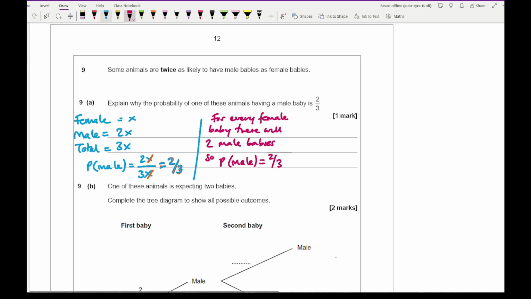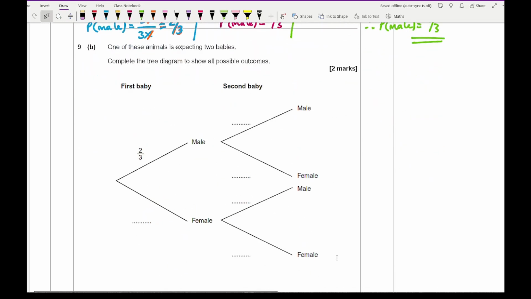So there we go. Another alternative you could say is that, again, you could use ratios. So male to female is going to be 2:1. So we've got a total of 3 parts. So therefore, probability of a male which has 2 parts to 3 parts is going to be 2/3. So again, any of something along those lines would be absolutely fine.